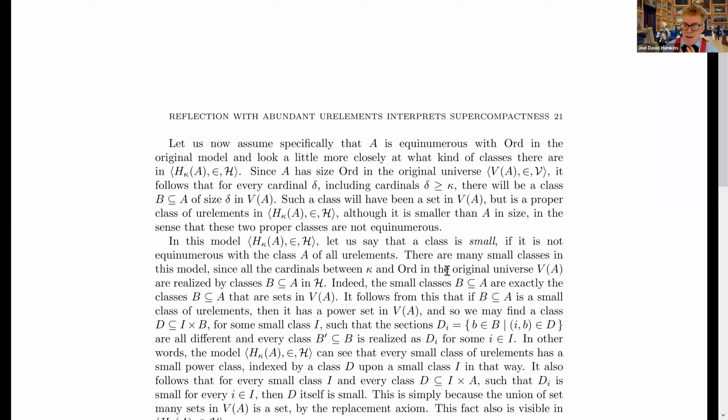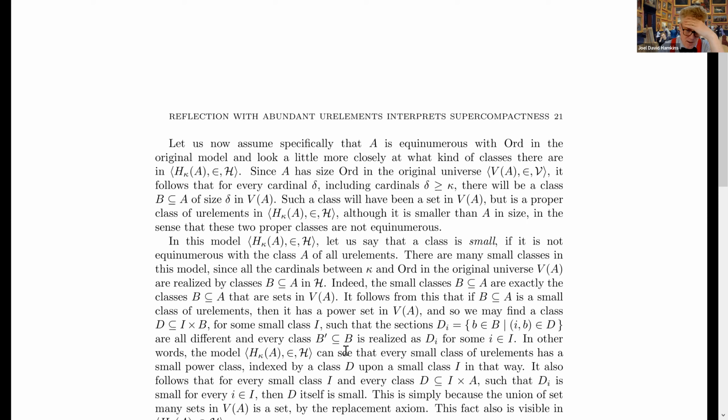So if B is a small class of urelements, then I can find another small class corresponding to the power class of it, and I can have a set D that lists all possible subclasses of B as the sections, and that will also be small. So in other words, the small classes of urelements have their power classes also small.